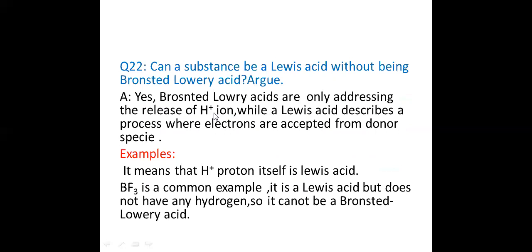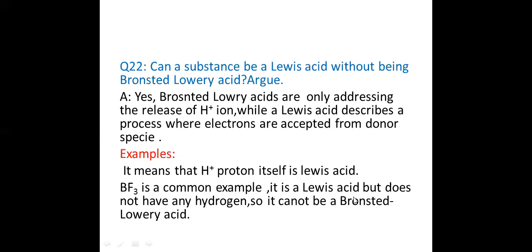But the proton, the hydrogen ion itself, can act as a Lewis acid because it is electron deficient and can accept electrons. So a hydrogen ion by itself is a Lewis acid, where electrons are accepted from a donor species.